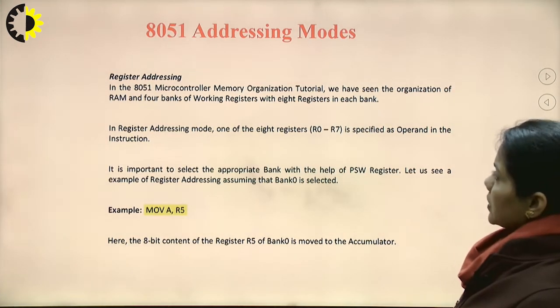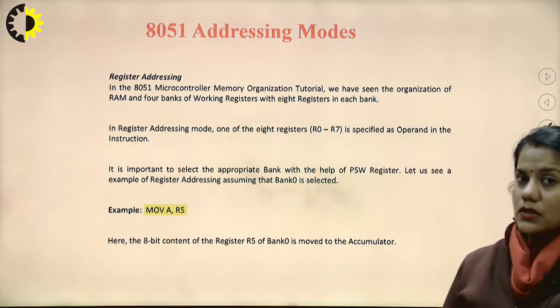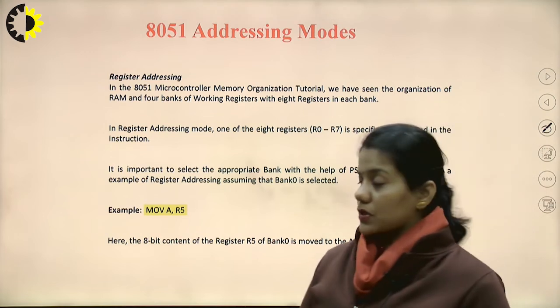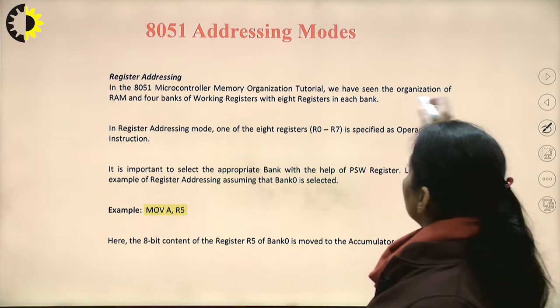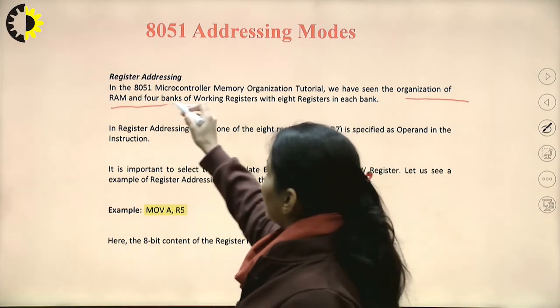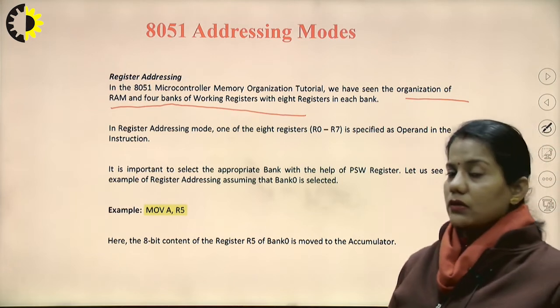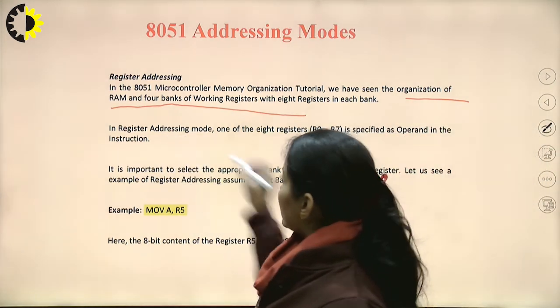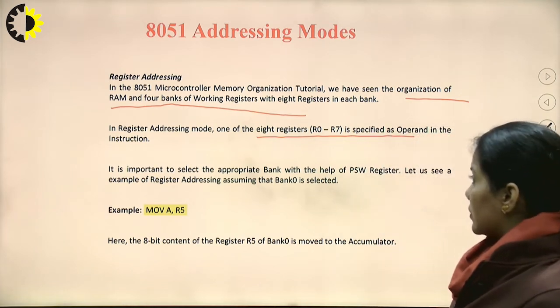Second type of addressing is register addressing, in which the data, that is the operand, is present in the registers specified in the instruction. Let's see. So we know that the organization of the RAM has been done into 4 banks, and each bank has 8 registers. So in register addressing mode, one of the 8 registers is specified as the operand in the instruction.